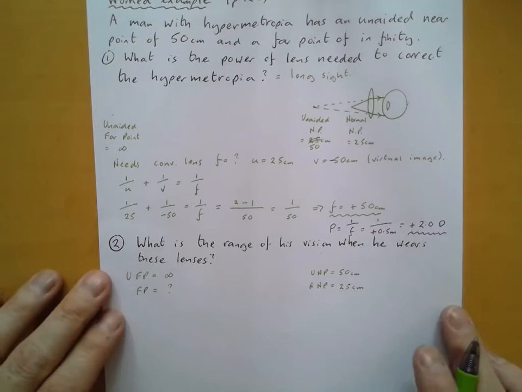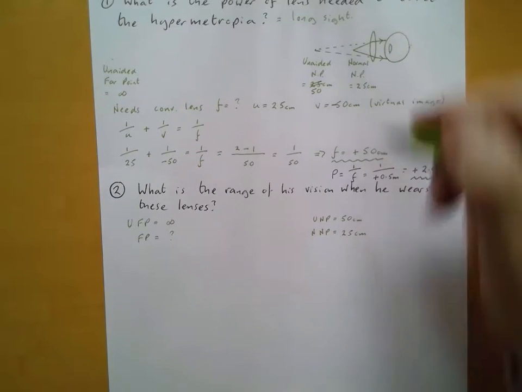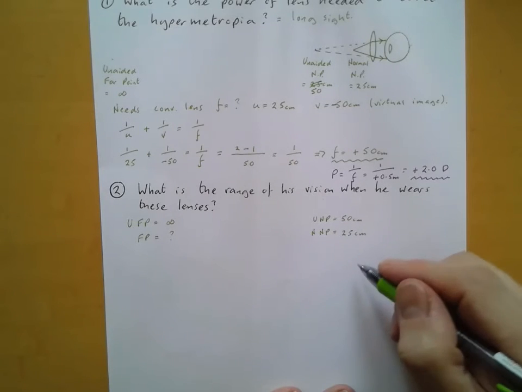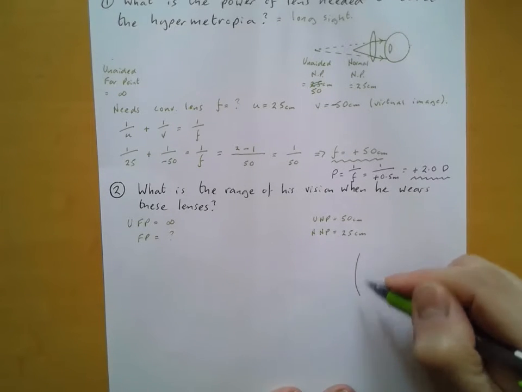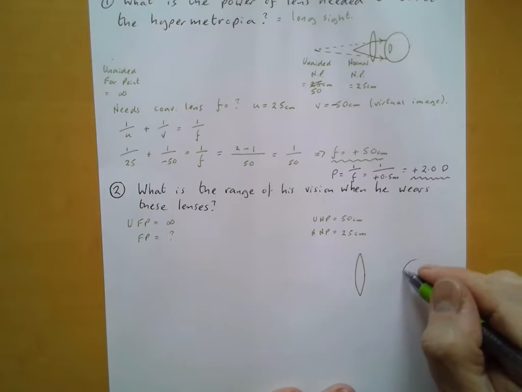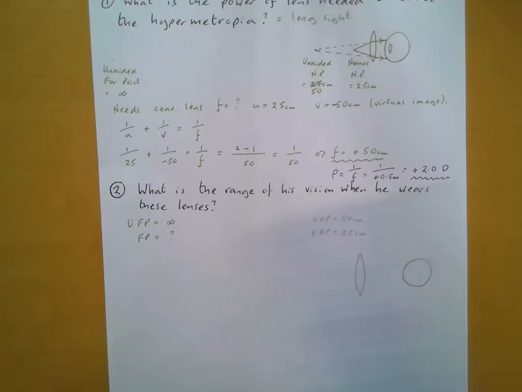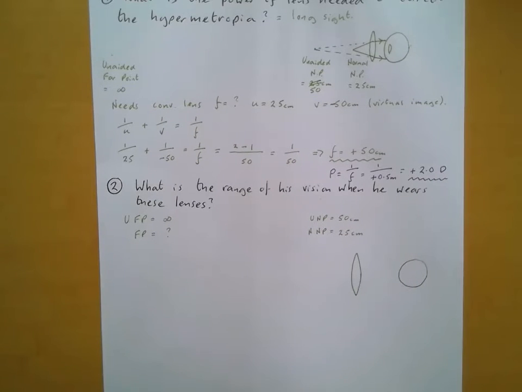Well, let's see. If we sketch the lens again, here's the lens doing its job, and here's his eyeball. So, what about when he looks at something that's far away?